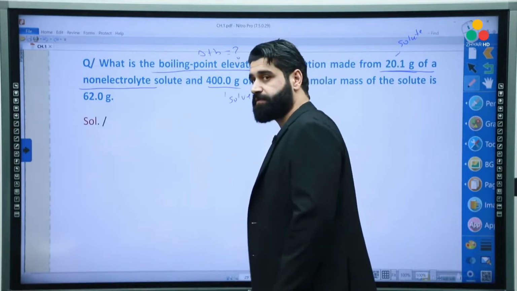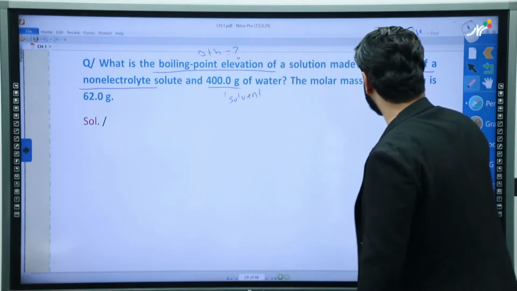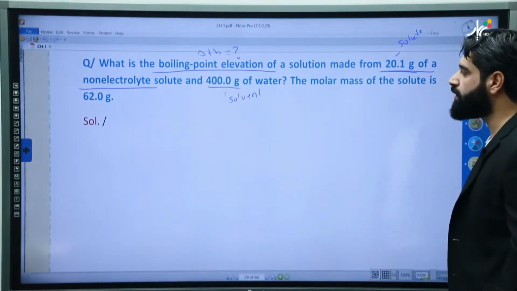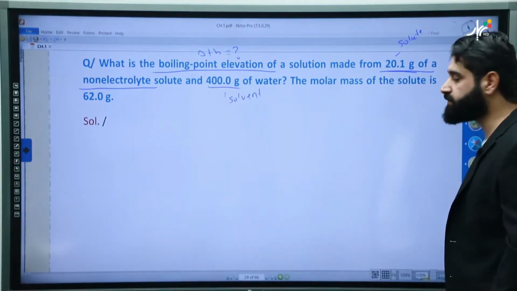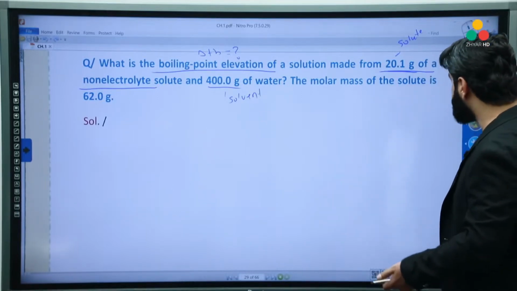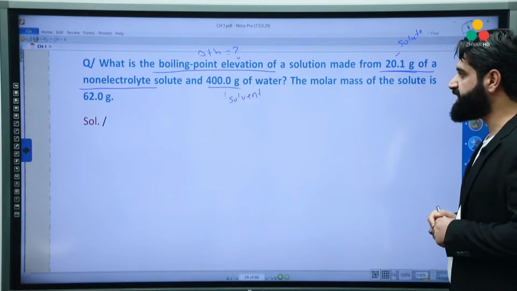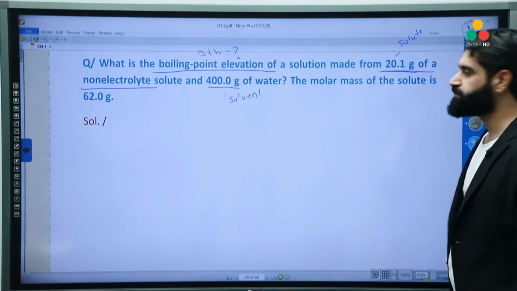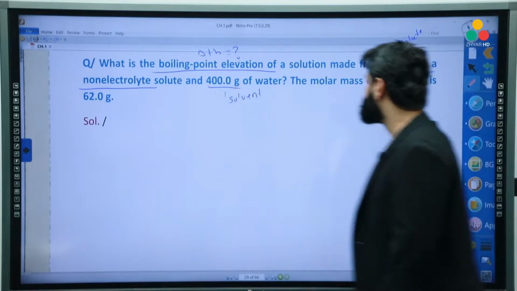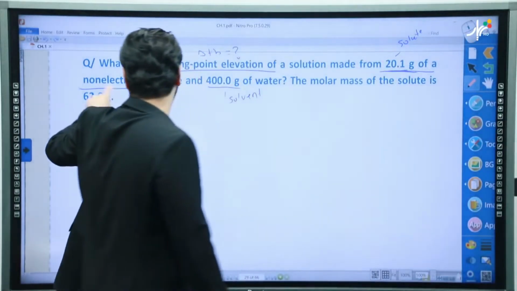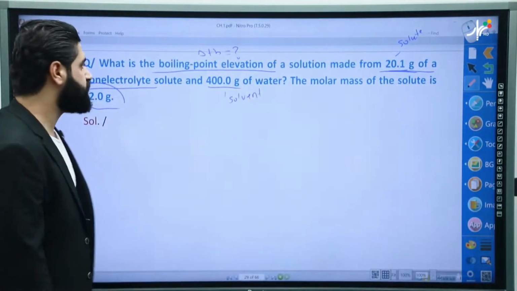Same thing we have here, same thing we have to convert solute into mole and solvent into kilogram. Same process, same steps, everything is repeated here. It's just a quick revision of freezing point. So now we have to turn this gram using molar mass into number of mole.